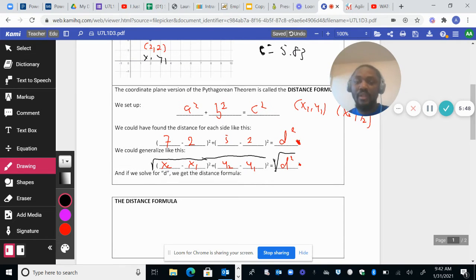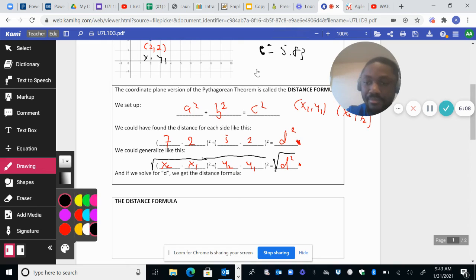So the distance formula is when you take the square root of the sum of the squares of the differences of the x component and y component, to give you the distance you're looking for. So this is the formula.